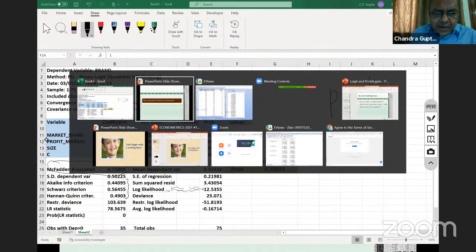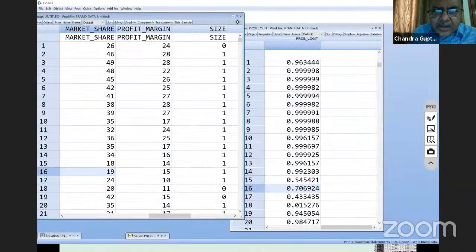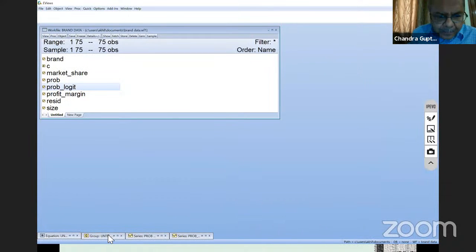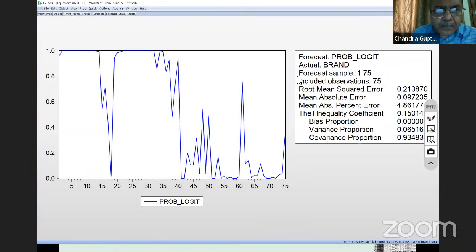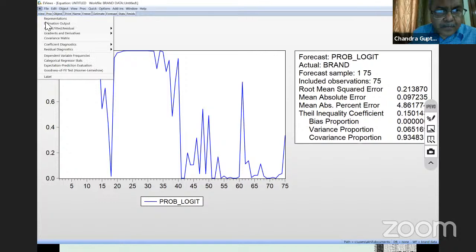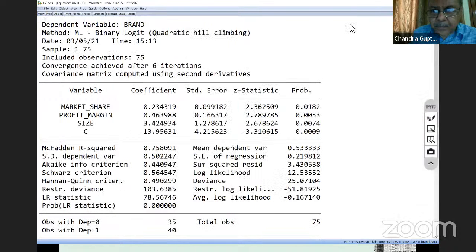So, for example, we have an estimate with market share, profit margin, and size.